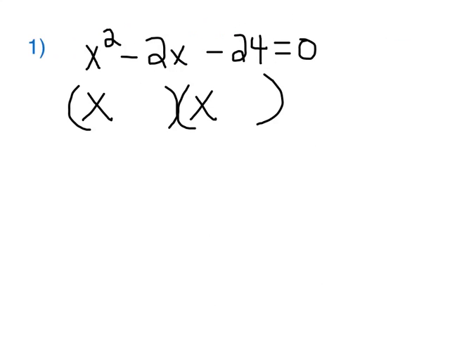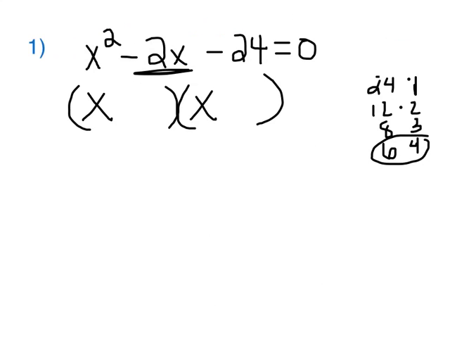So the factors of 24 are 24 and 1, 12 and 2, 3 and 8, or 4 and 6. 4 and 6 subtract to give me 2. So in order for this to subtract and give me a negative 2x like I need, the 6 has to be negative.